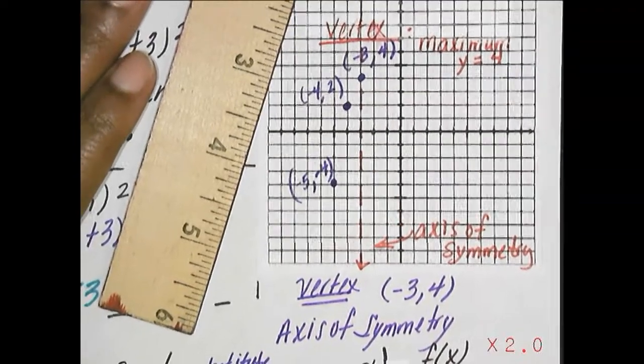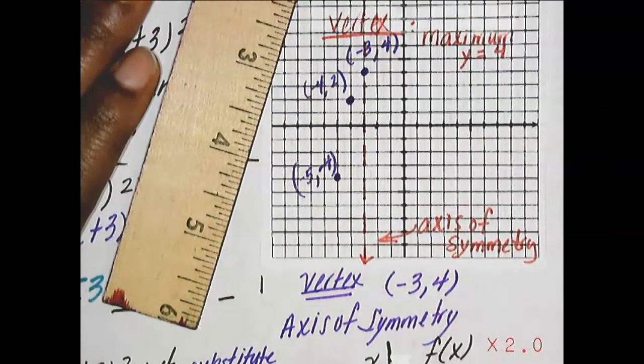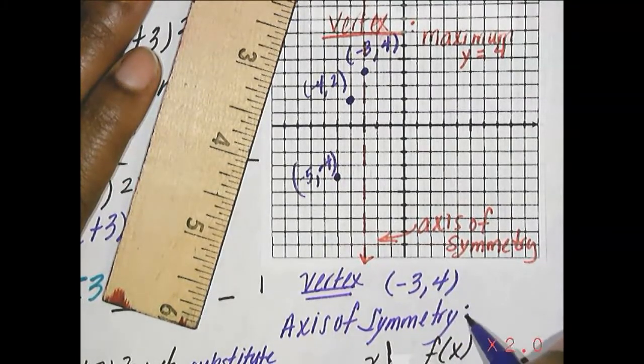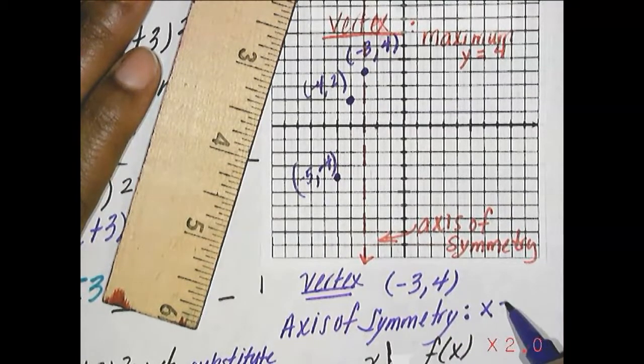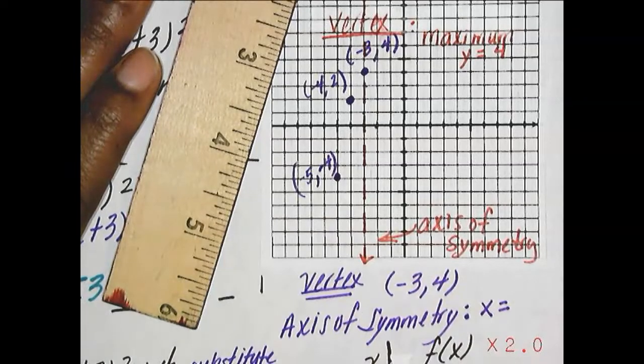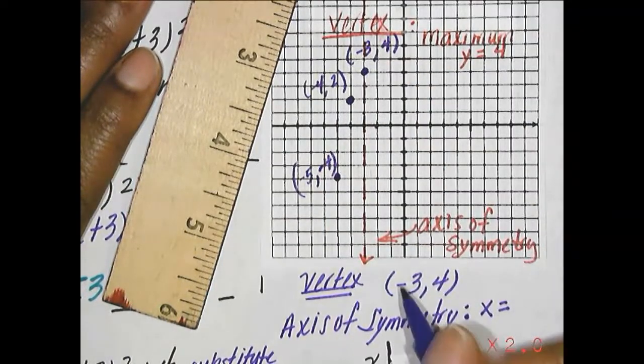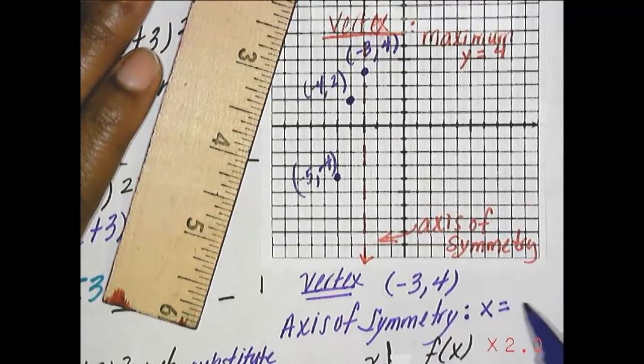Notice the word axis in axis of symmetry says x is. Is in a math class is equal. So whenever you are asked to write the axis of symmetry, it is denoted with x is. What is x at the vertex? If you wrote it down, or if you look right here, it is -3.